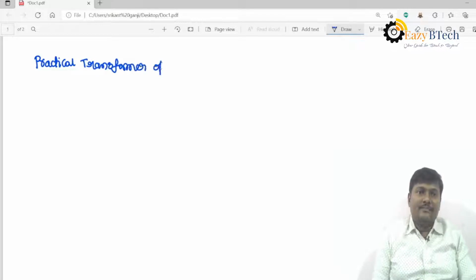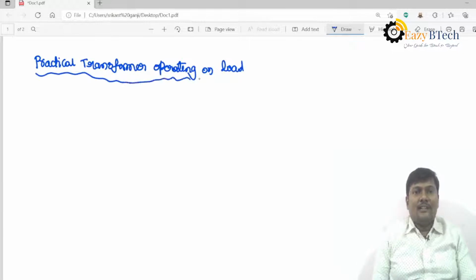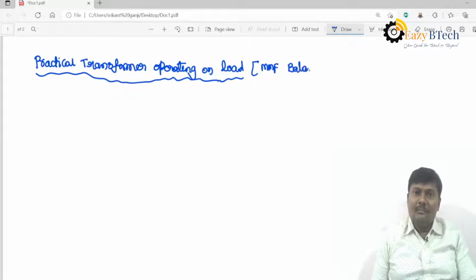In an examination, they will ask: explain the operation of a practical transformer operating under load condition, and this is also called MMF balancing on load.